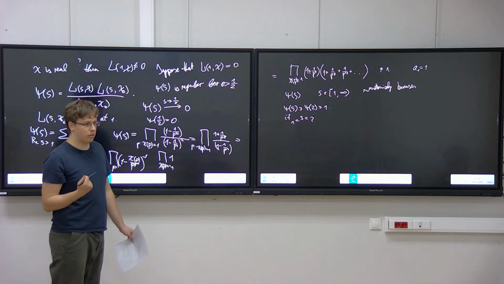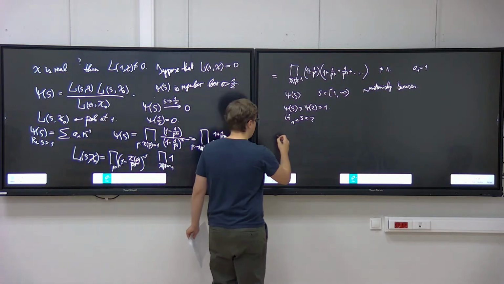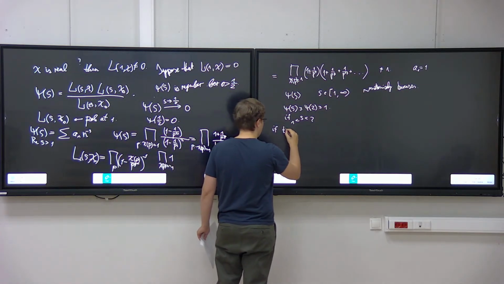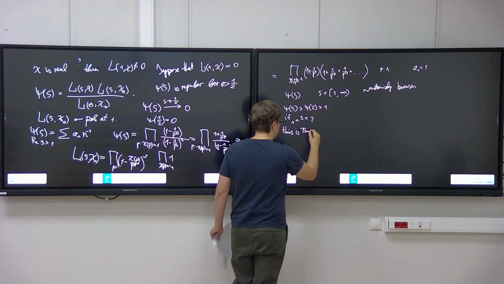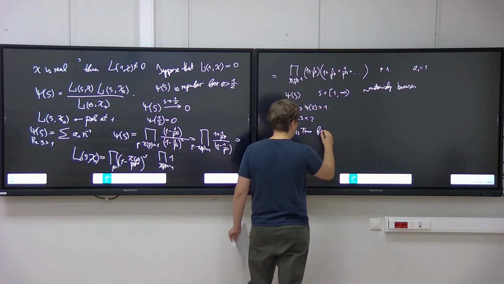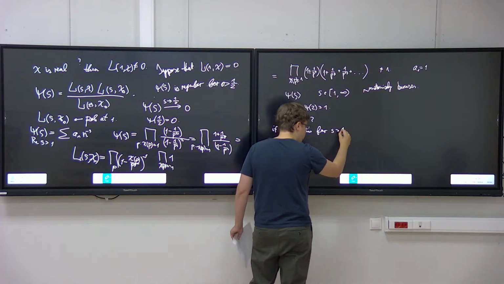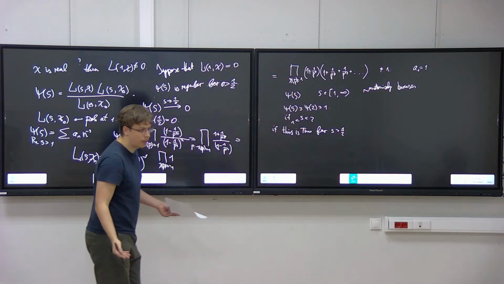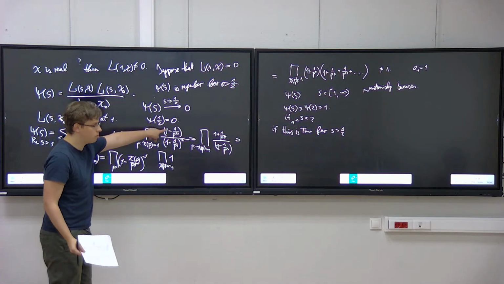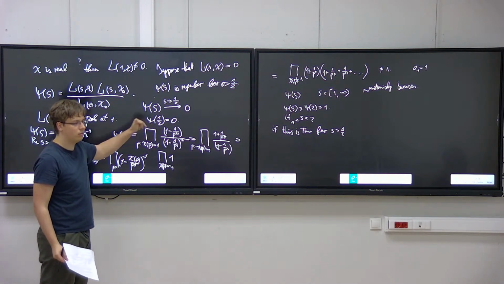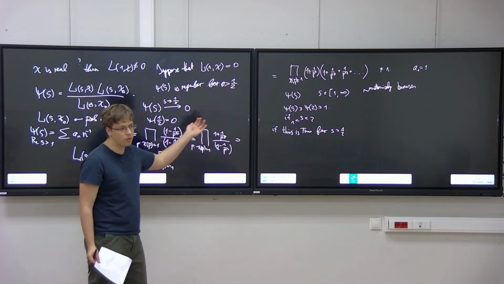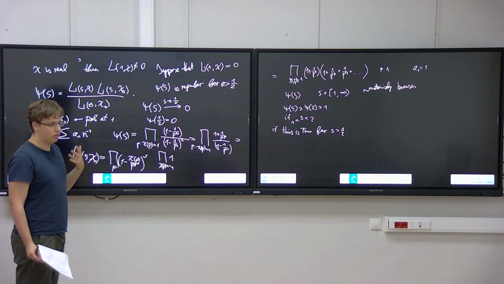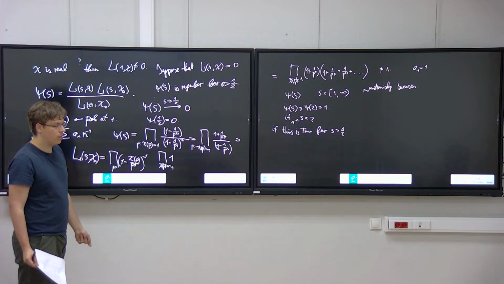If we could prove this for s greater than 1 over 2, we would get a contradiction, because then psi tends to 0. Yes? But the problem is we have the Dirichlet series only if the real part of s is greater than 1. Yes? How to solve this?